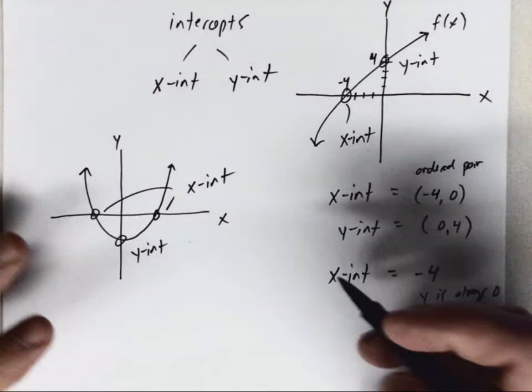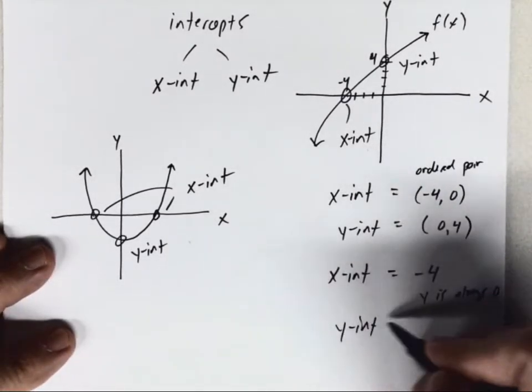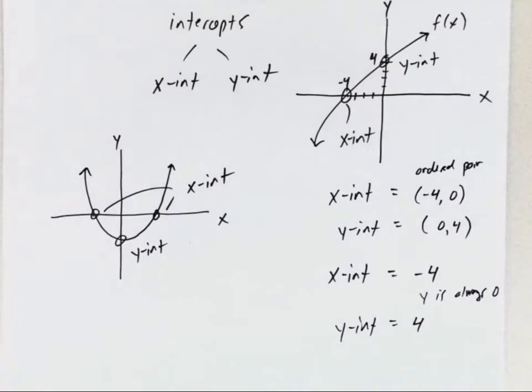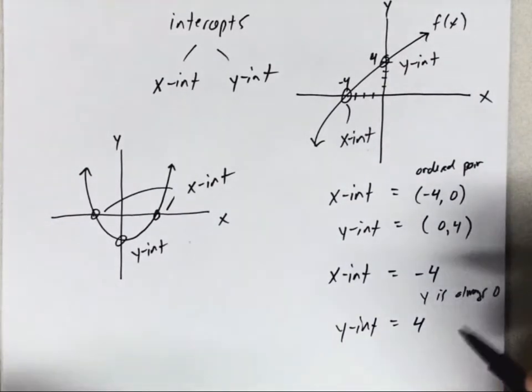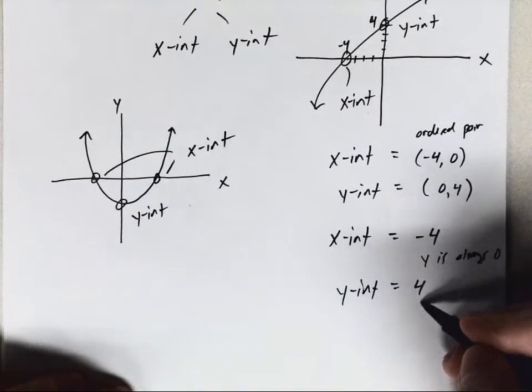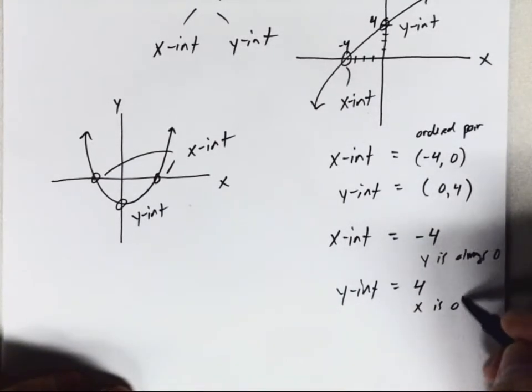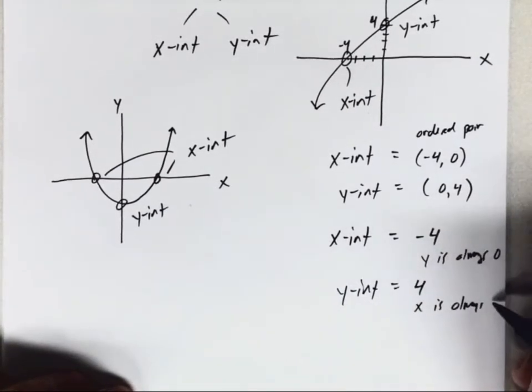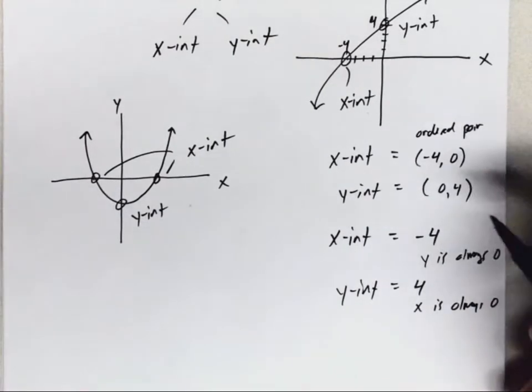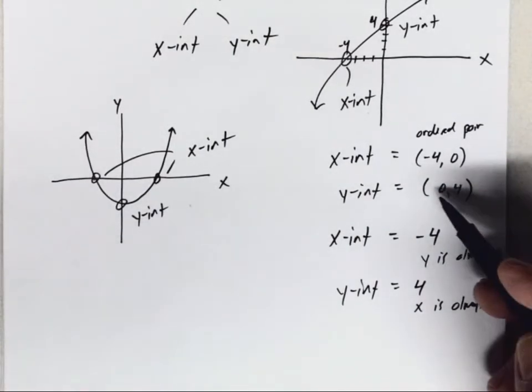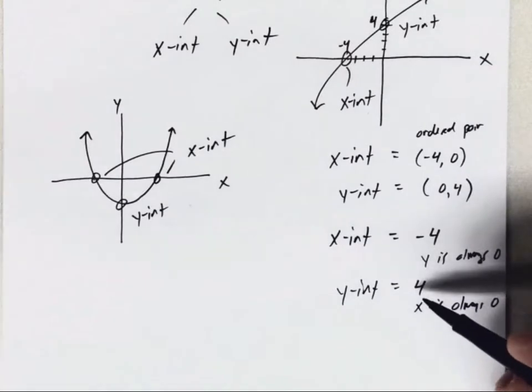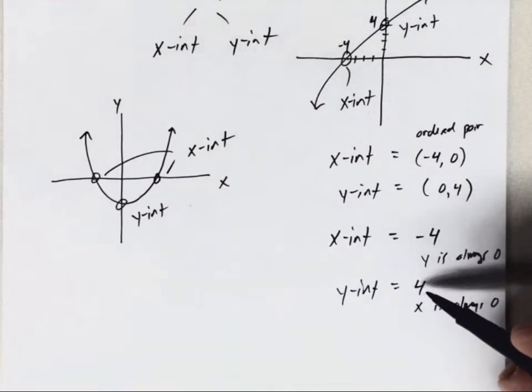And they would turn around and say, the y-intercept is 4. They're saying that because at a y-intercept, x is always 0. So when we give an ordered pair, they call it 0, 4, but a lot of times it's shorthand. They'll just say the y-intercept is 4.